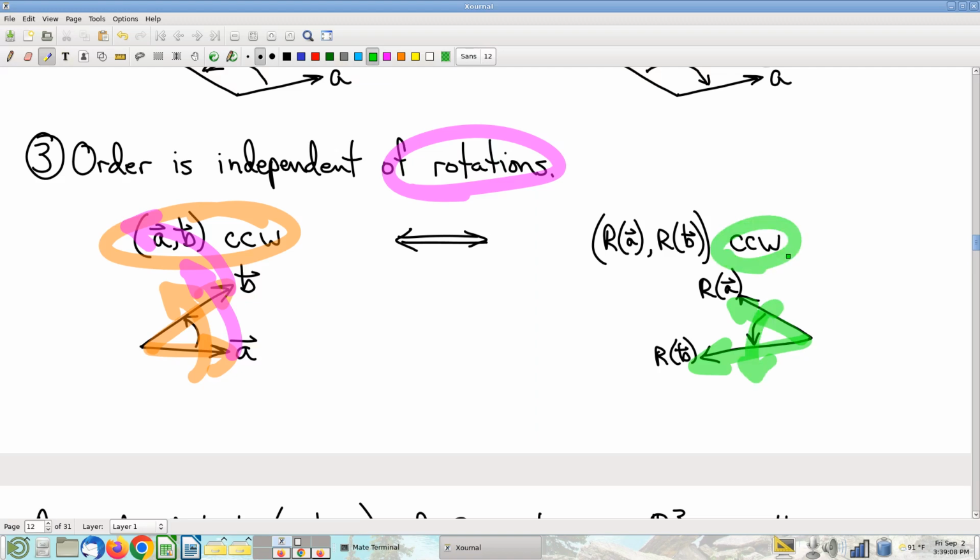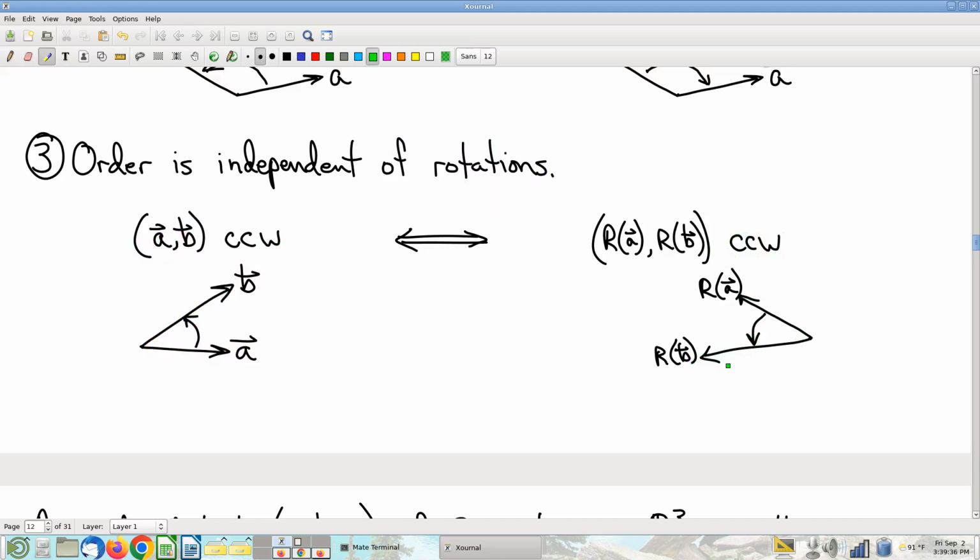So rotations preserve order, you might say. If you rotate the whole picture, in some sense nothing happens. The metaphor I like for this is if you're looking at a clock and you watch the second hand going clockwise, of course, and you turn your head to the side, it's still going clockwise. Same thing, nothing happened.